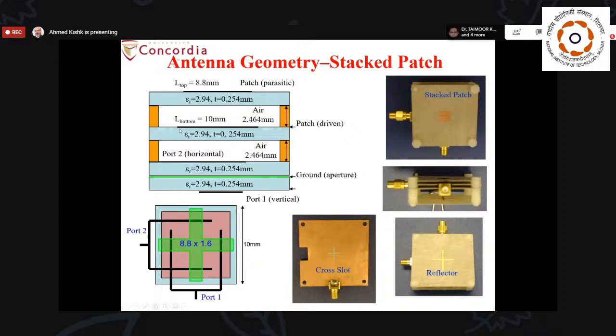So here we have two stacked patches that achieve very wide band. These patches are excited by two orthogonal slots over here, but one polarization is excited by microstrip from this side, and the other is excited from this side.